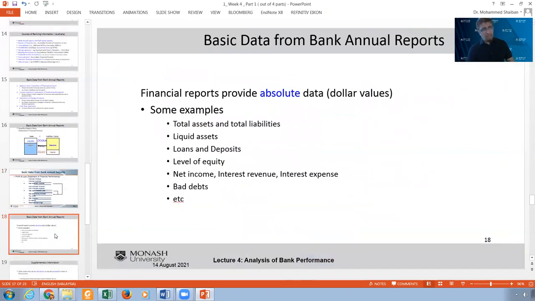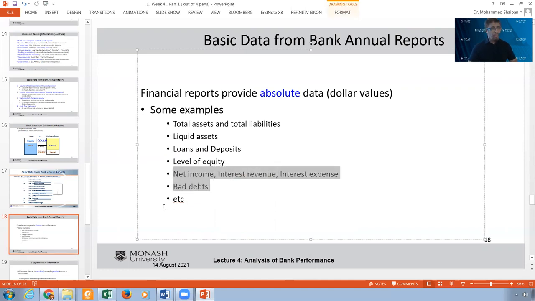So the financial reports provide absolute data. From the balance sheet, for example, we can get total assets and total liabilities. We can get liquid assets. We can get loans and deposits, equities, net income, interest revenues, interest expenses, and all these issues we can get from the income statements.